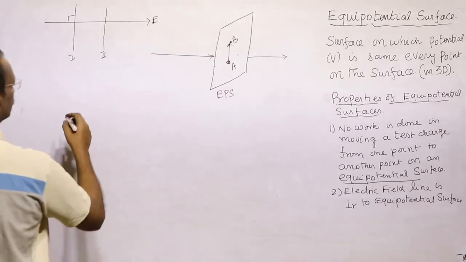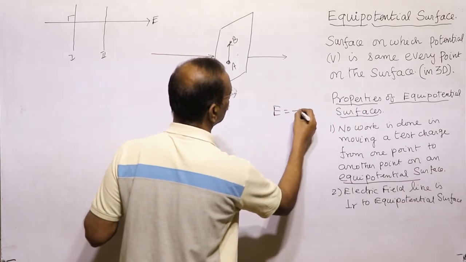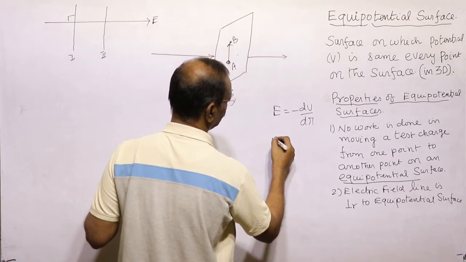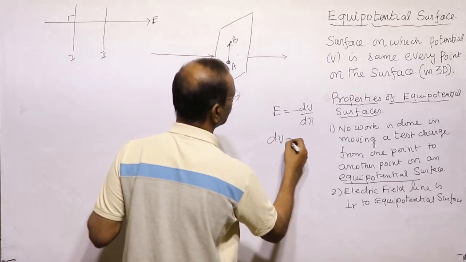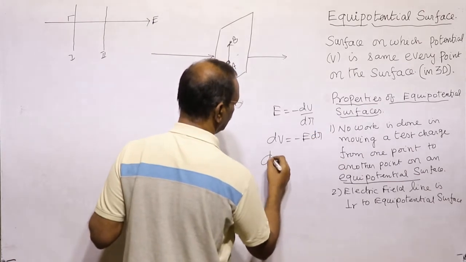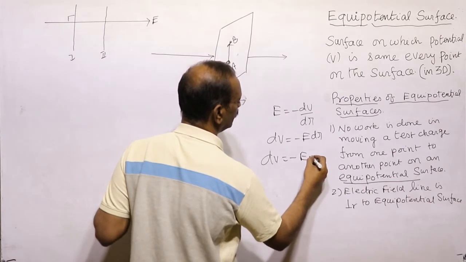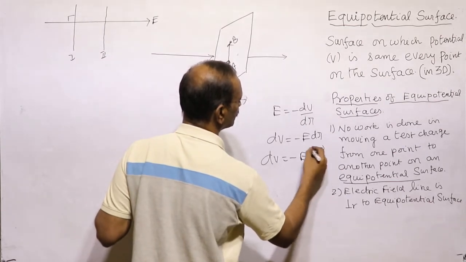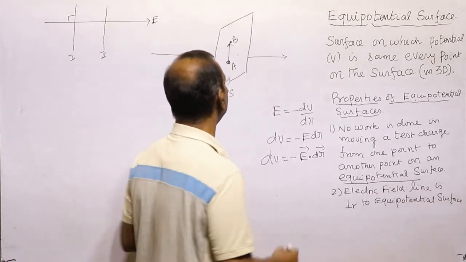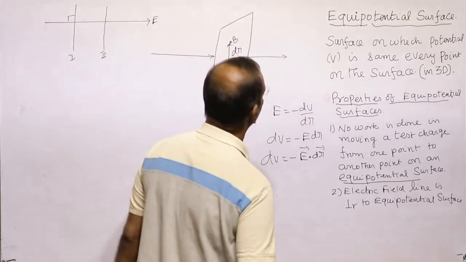So we have the formula, electric field E is equal to minus dV by dr, or dV is equal to minus E dr, or it can be written as change in potential is equal to minus E dot dr. This we have also seen, if the angle between E and dr is equal to 0, then we get this relation.